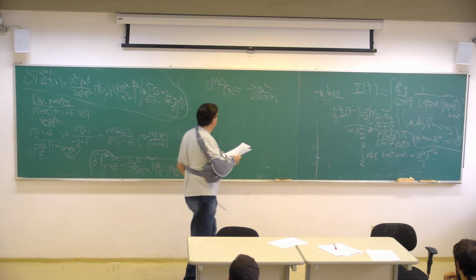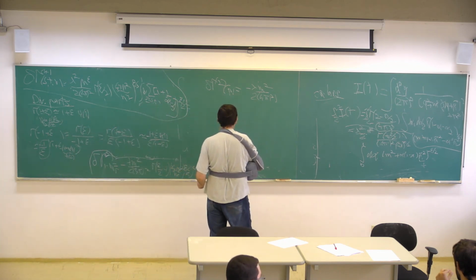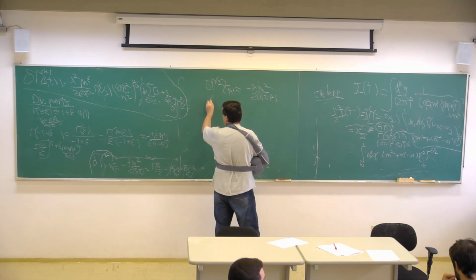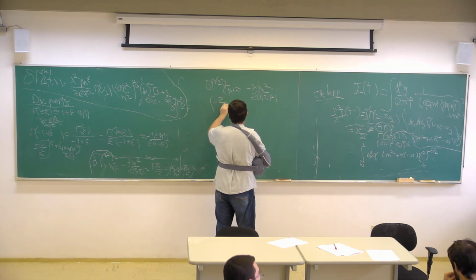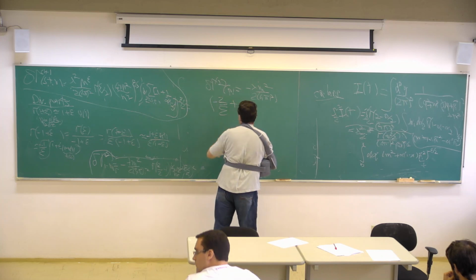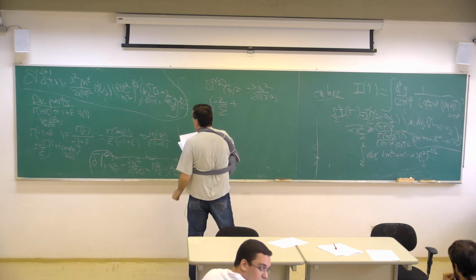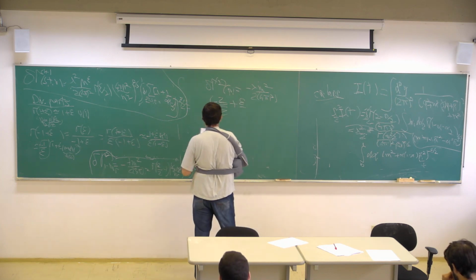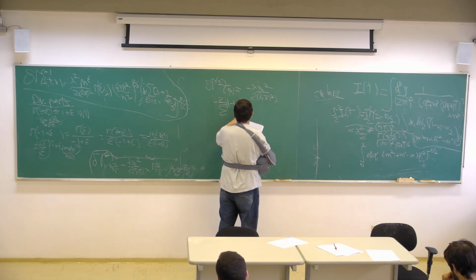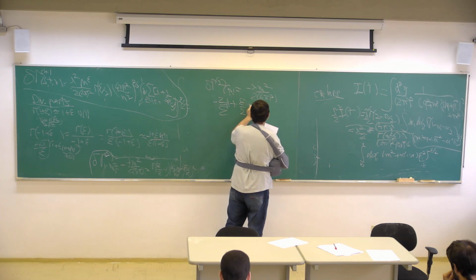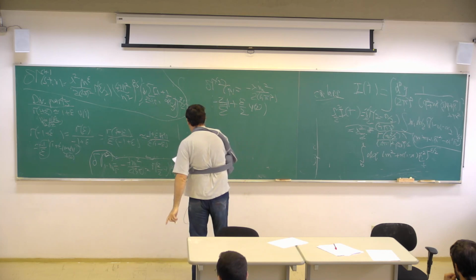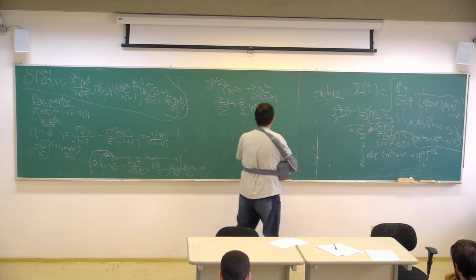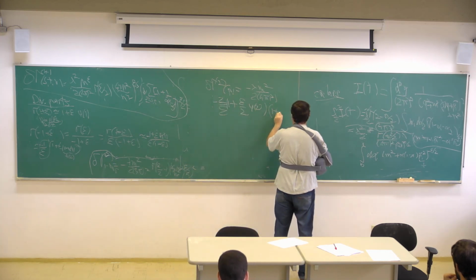So I get minus 2 over epsilon plus epsilon over 2, 1 plus epsilon over 2 psi of 2. And then from this one, I get 1 plus epsilon over 2.